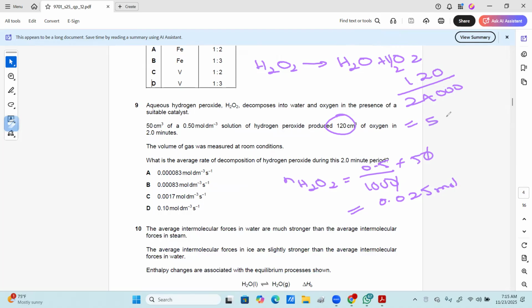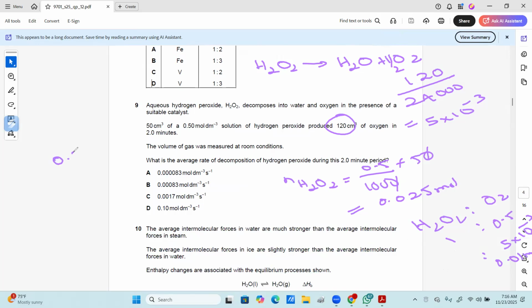So you get 5 into 10 to the power minus 3. If you take the ratio between H2O2 and oxygen, it's 1 to 0.5. So for 0.5 only, 5 into 10 to the power minus 3. Then you need to find for 1. You get 0.01 moles for hydrogen peroxide.